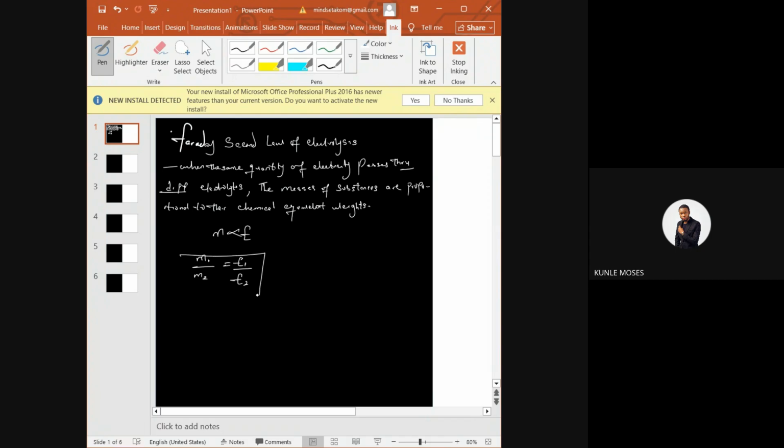So this is the first formula for the Faraday second law of electrolysis, just the mathematical representation of the definition. The M1 and the M2 mean the masses of the substance that is deposited, while the E1 and E2 represent the chemical equivalent weights.